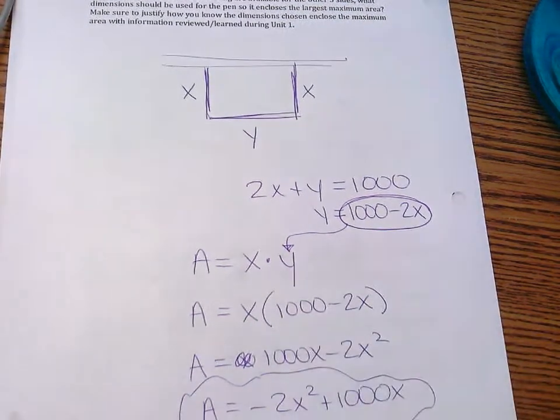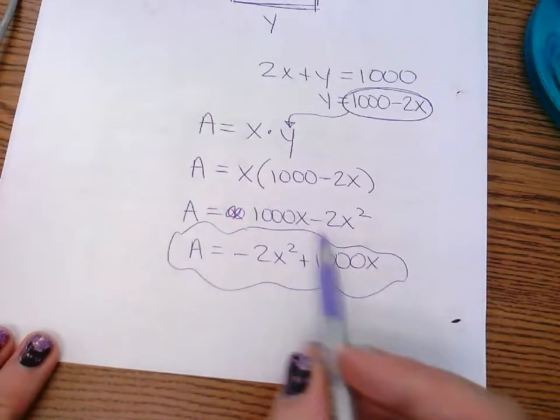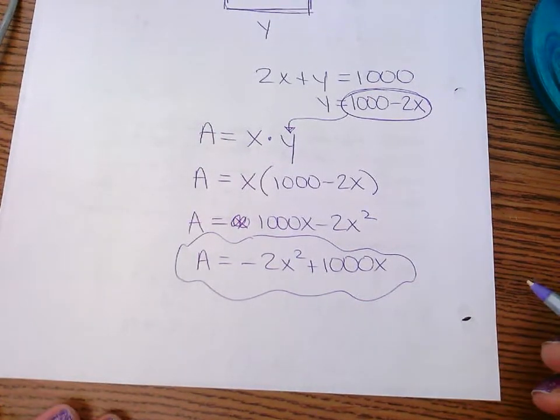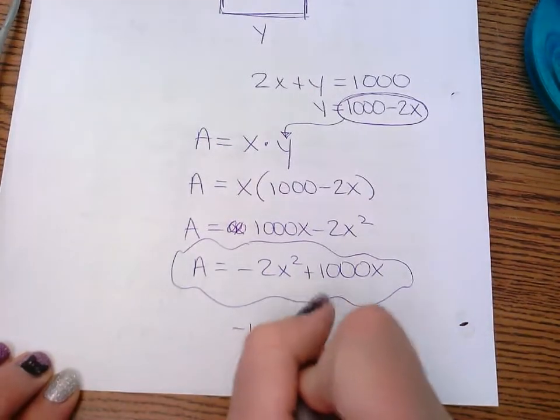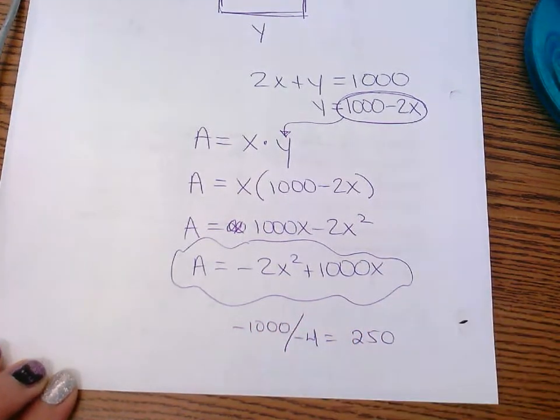This is a concave down parabola that has a maximum. So if I can find its vertex, I'll find the maximum area and the dimension of x. So I need to do negative b divided by 2a. So I get that negative 1000 divided by negative 4 is 250. So that's x.